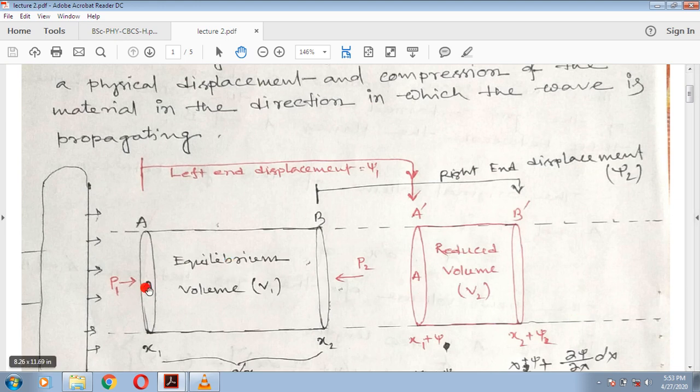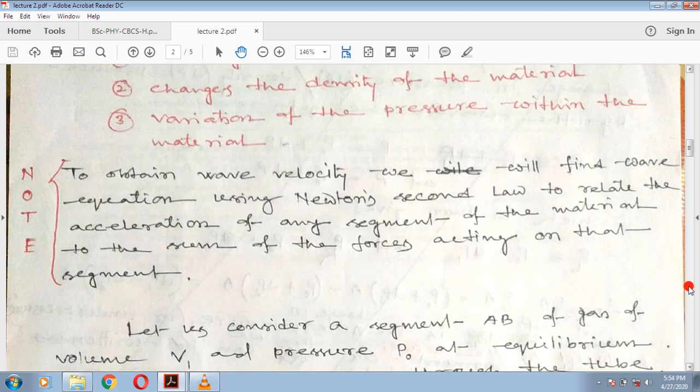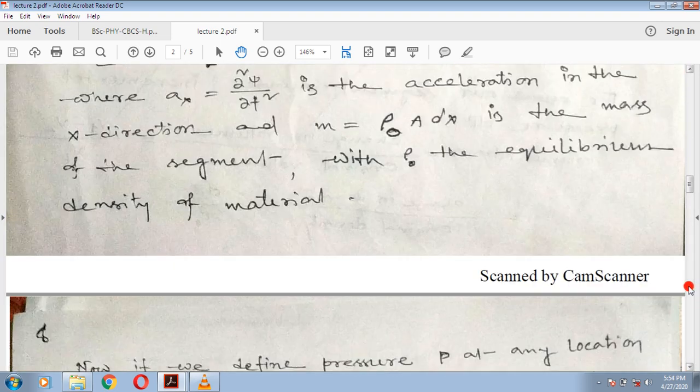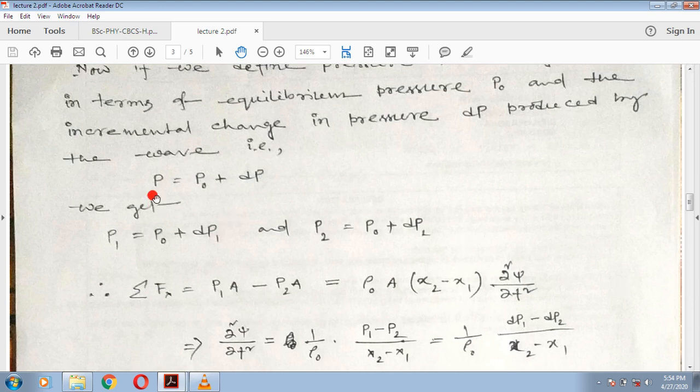At any point, if dP is the excess pressure or under pressure over equilibrium pressure P naught, then the pressure at any point is defined in this way: P equal to P naught plus dP. dP is the change in pressure, deviation in pressure from P naught.